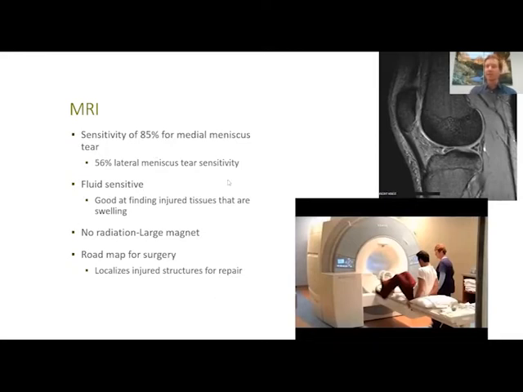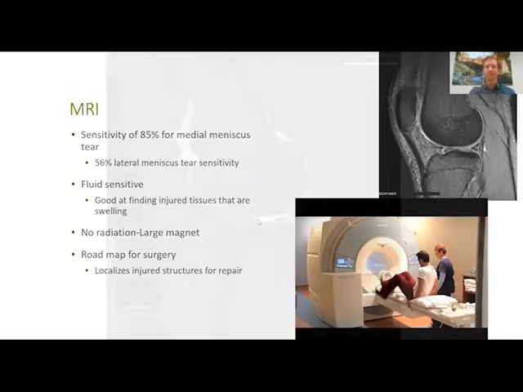It looks at fluid inside the knee, and fluid's usually where we have injury. Injury usually picks up the joint fluid and the swelling in the area, and the magnets in the MRI can pick this up in an image form. So it gives us a lot of information and gives us a roadmap for surgery.